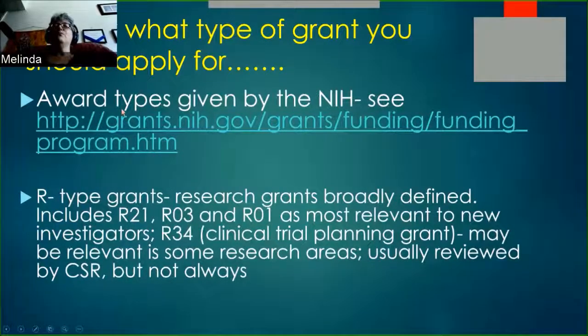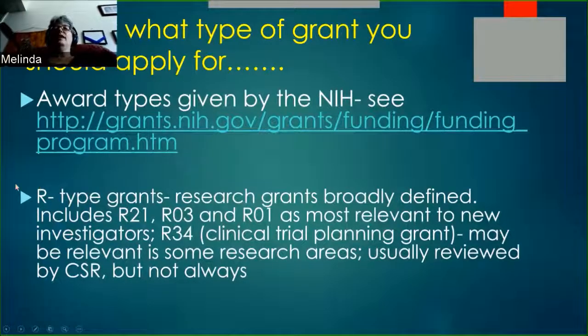One thing that you have to understand is that there are many, many award types, but not every NIH institute funds all award types. So once you find your subject matter with an institute, then what you're applying for is going to be hemmed in by the type of grant that institute gives.